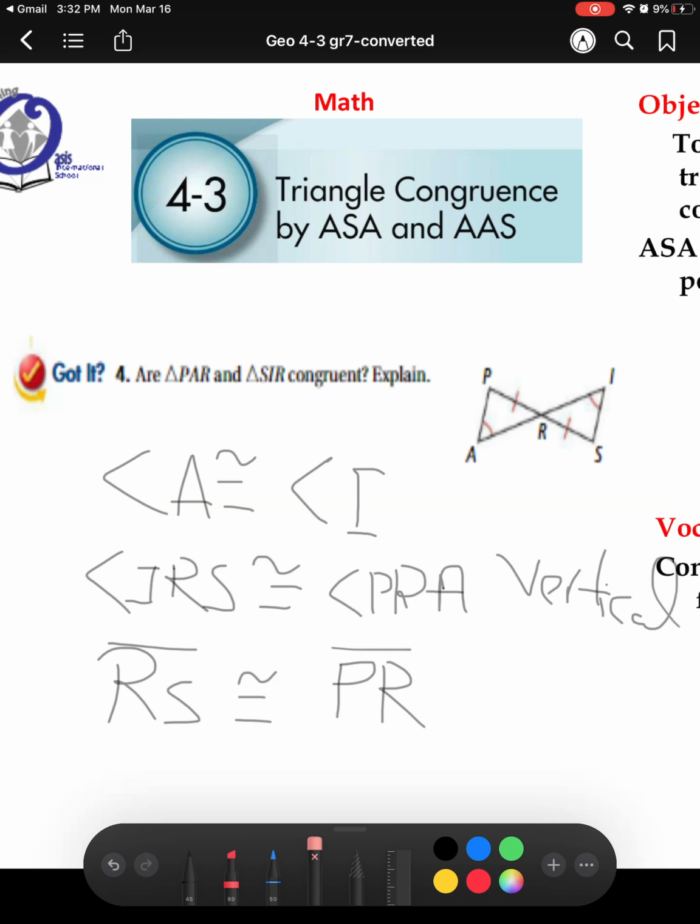We said that PRA, so the first part of R, is congruent to the second part of R. And both lines are going from the congruent angle. So are they congruent? Yes. So the A and here congruent I, and R and R, and the third is ARP, and here IRS, they both congruent.